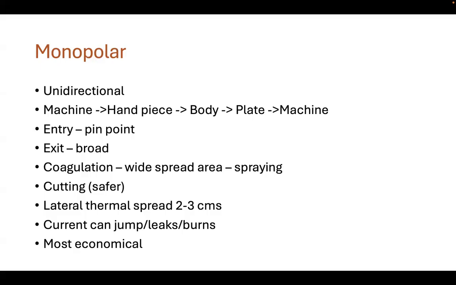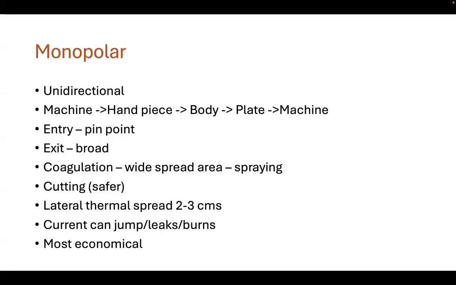The site where the monopolar hook or the handpiece touches is the site where energy gets transmitted and heat is generated. But the exit is very broad, because there should not be any thermal energy generated at that point.